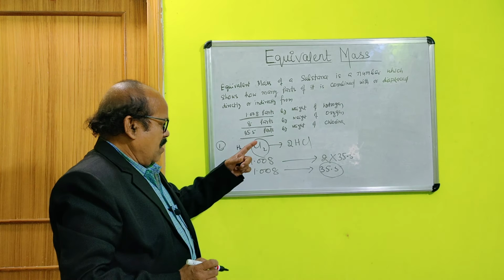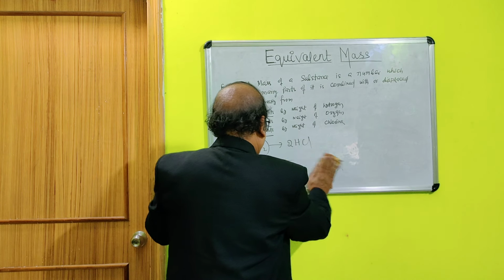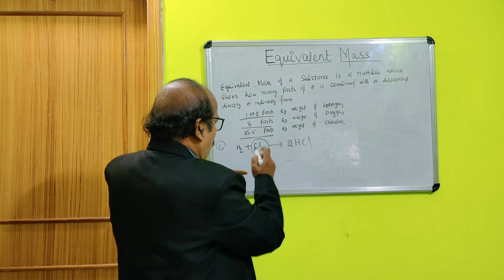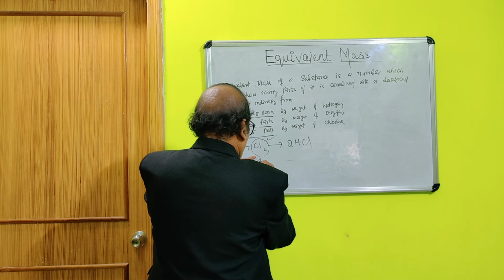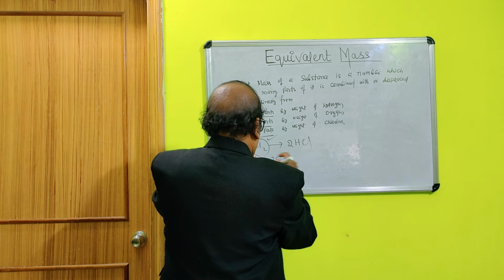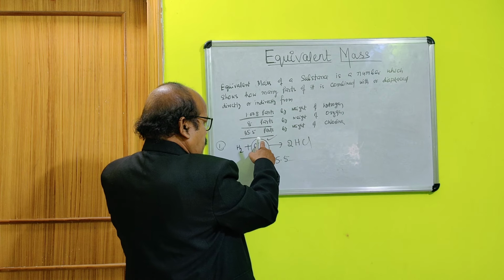Let me tell you the equivalent mass of HCl. And I shall take the help of chlorine. So 2 into 35.5, because chlorine atomic number 17, mass number is 35.5.